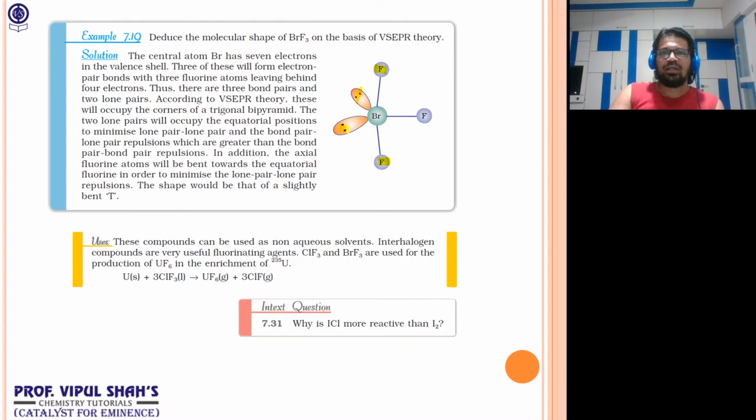So it's a bent T shape. It is trigonal bipyramidal, and the lone pairs occupy the equatorial positions. Clear?